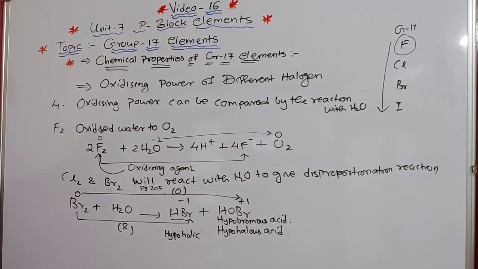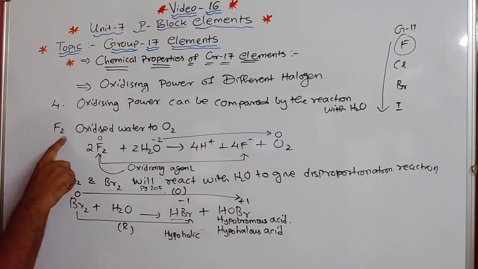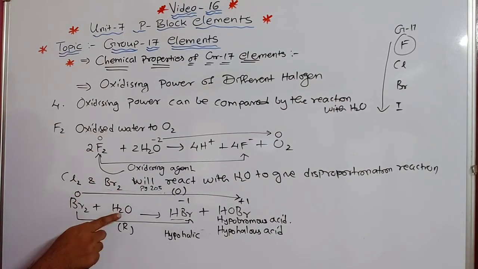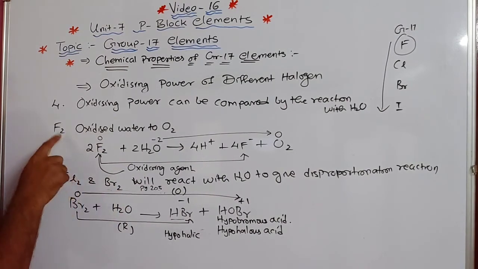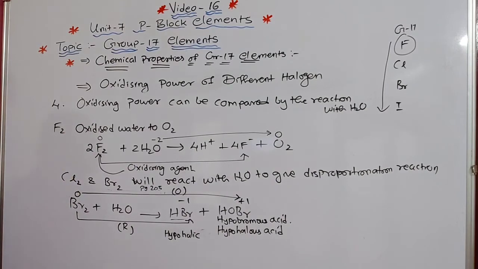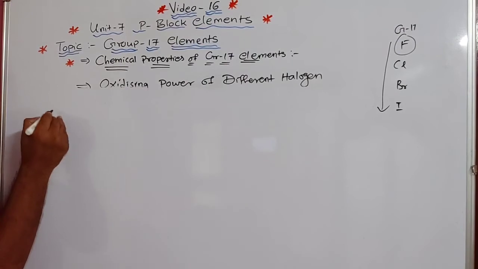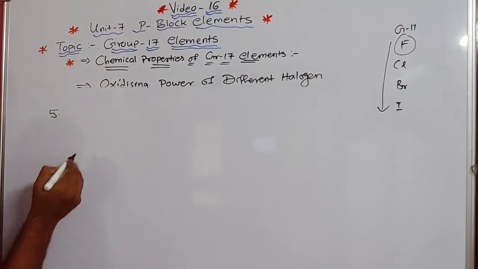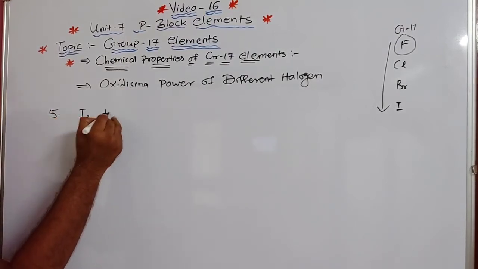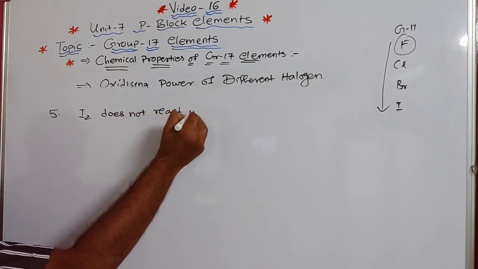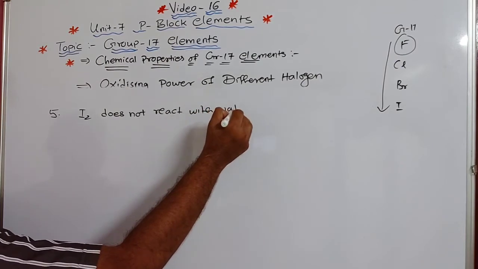Now the next part we are going to discuss is that I2 does not react with water. We have discussed the reaction of fluorine with water, and of chlorine and bromine, which is a disproportionation reaction. Now regarding iodine, point number 5: I2 does not react with water.